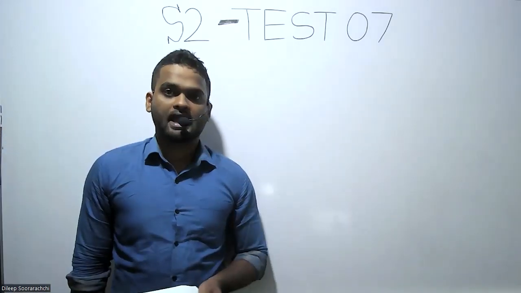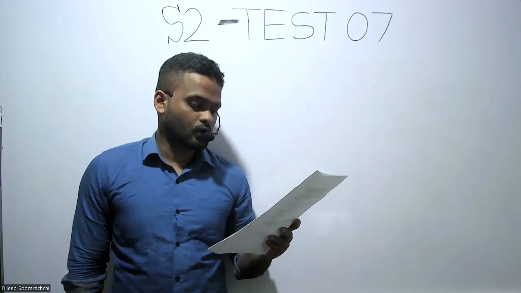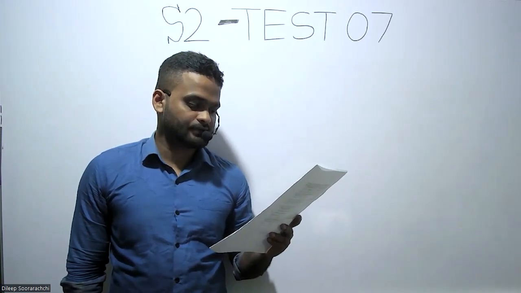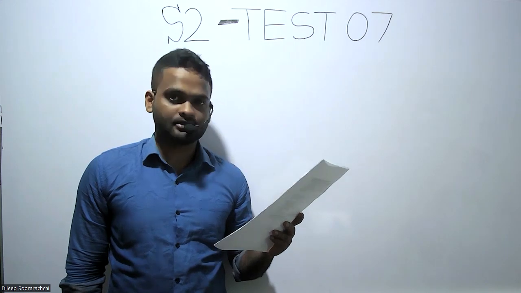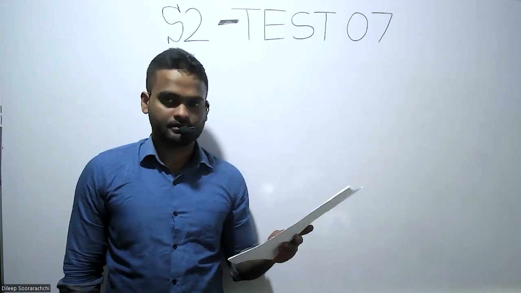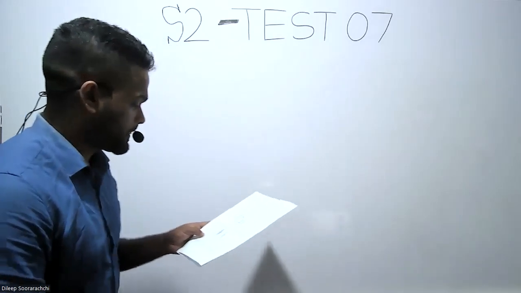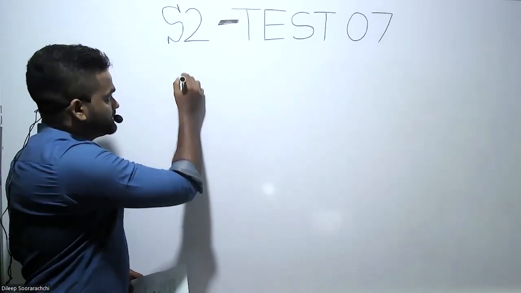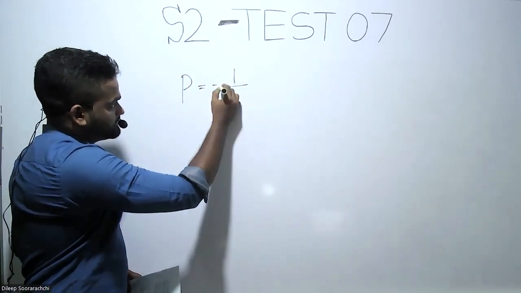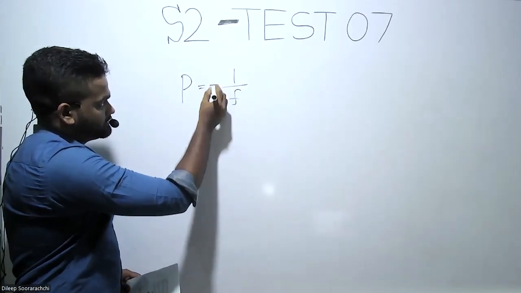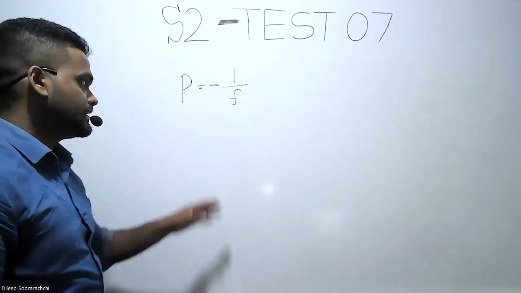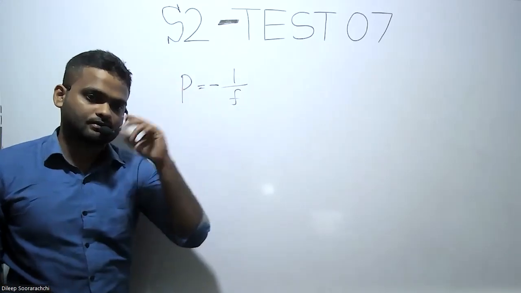Right, eighth question. Focal length of a convex lens is 50 centimeters. Its power is, right. So this is the equation to find the power of a lens. There's a minus sign here. In the syllabus, this is the standard equation.